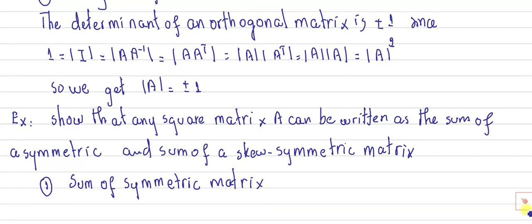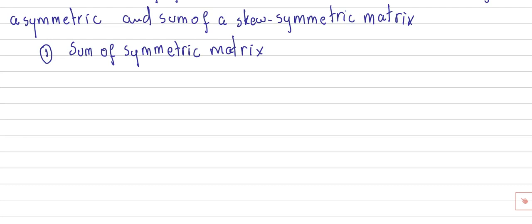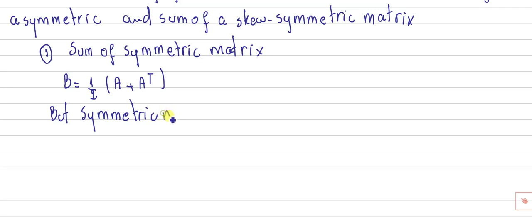So we have B equal to 1 over 2 (A plus A transpose), but a symmetric matrix is A equal to A transpose.